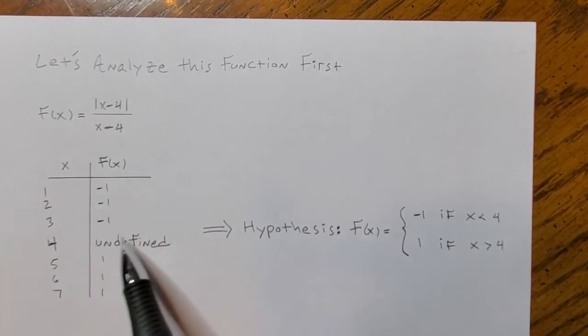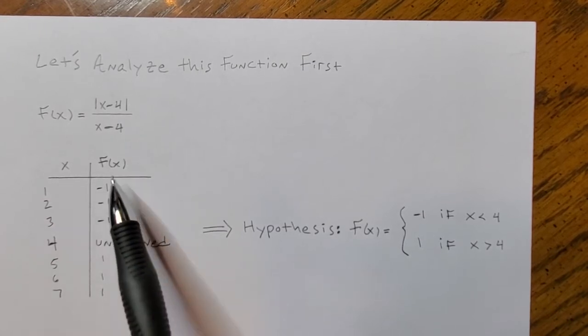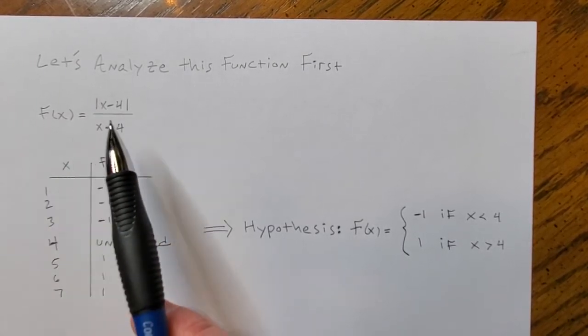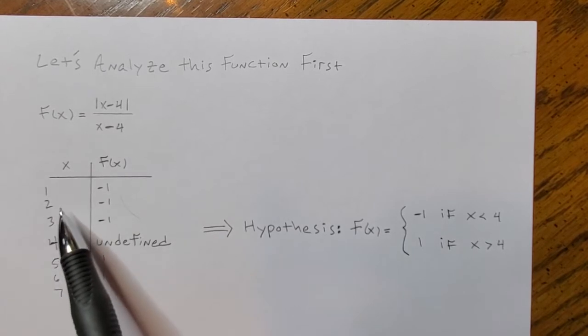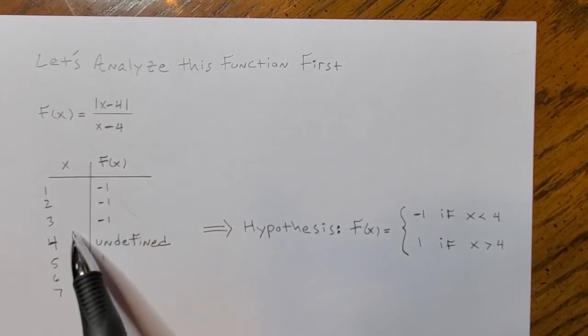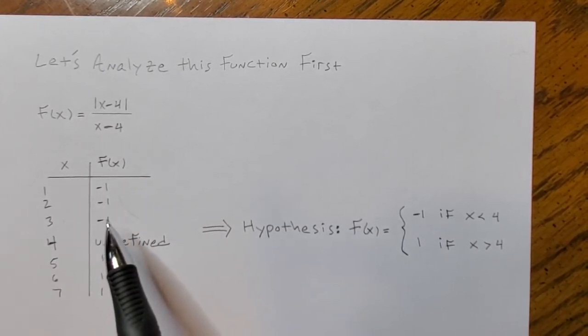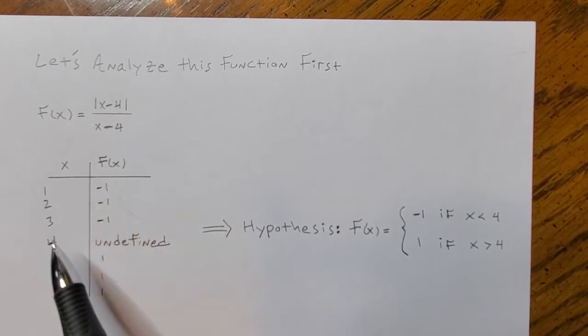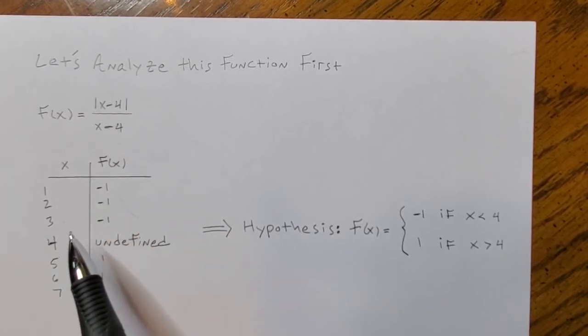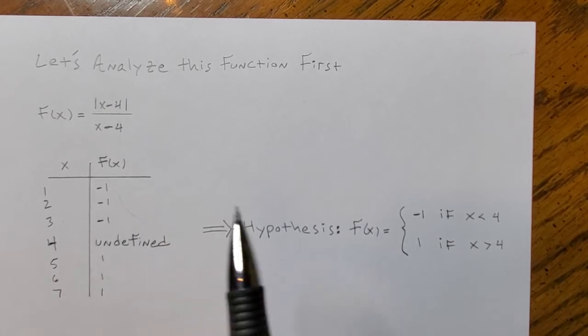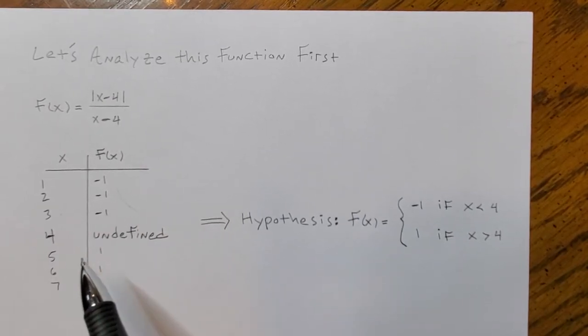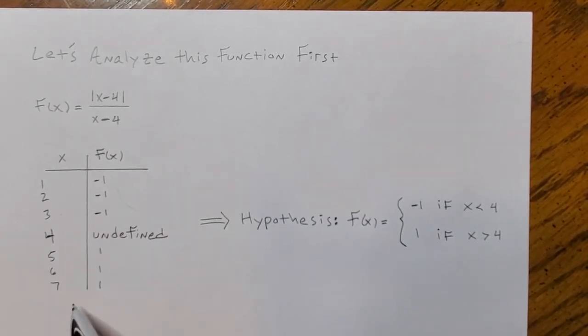And then there's a pattern, right? You can verify these numbers yourself. Plug them into that original function, see what you get. If x is 1, y is -1. If x is 3, y is -1. It kind of looks like if I plug in anything less than 4 for x, y will be -1. And if x is 5, y is 1. If x is 7, y is 1.